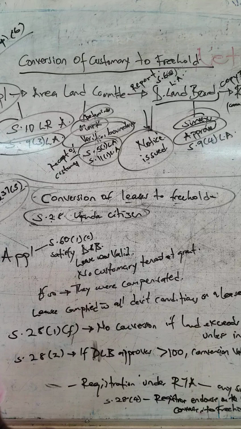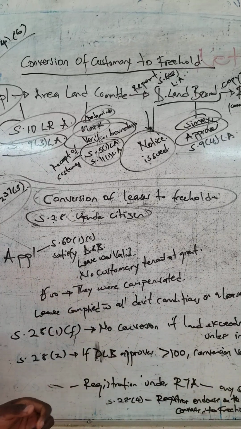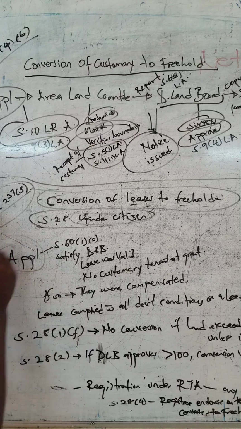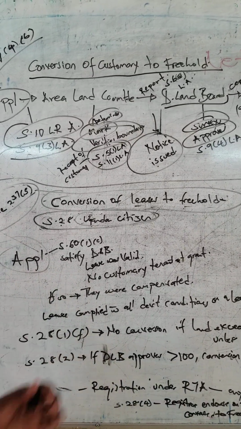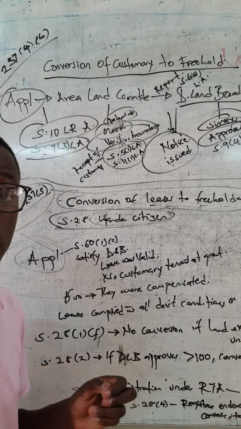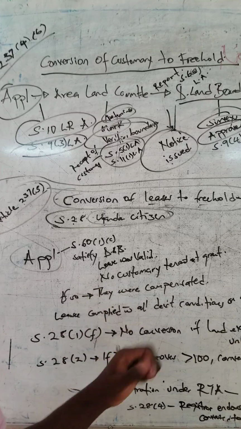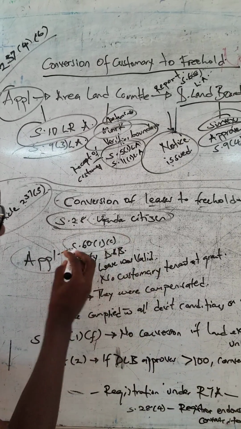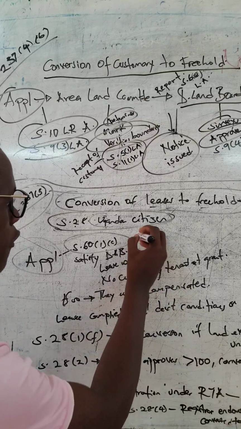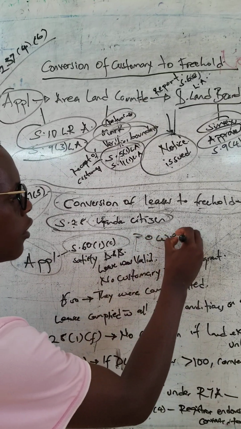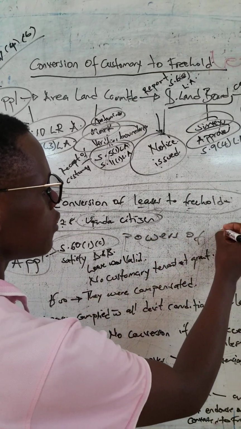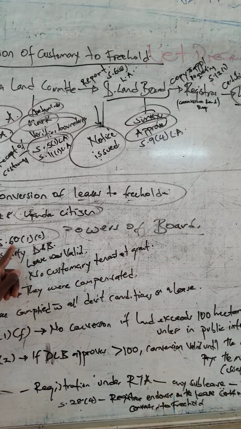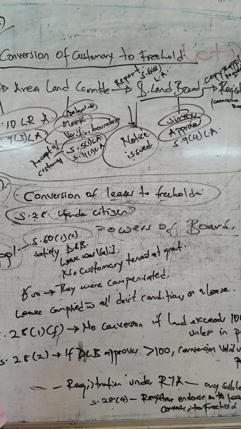So put that in mind. Then, looking at the conversion, it is also made in form of an application. But here the application is made to the what? It is made to the district land board. When we read section 60 of the Land Act, it provides for the powers of the board.